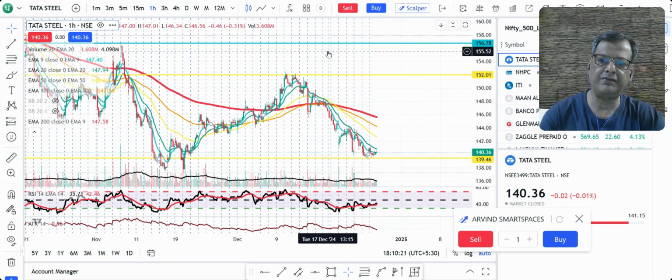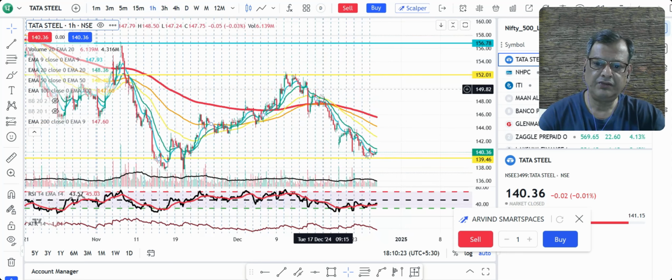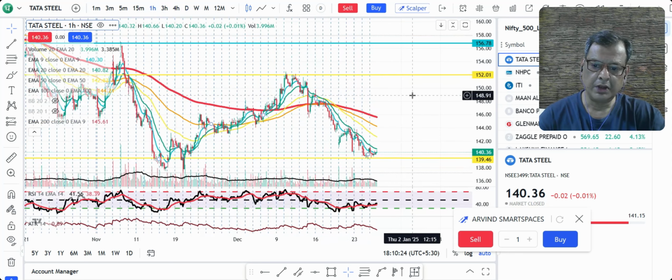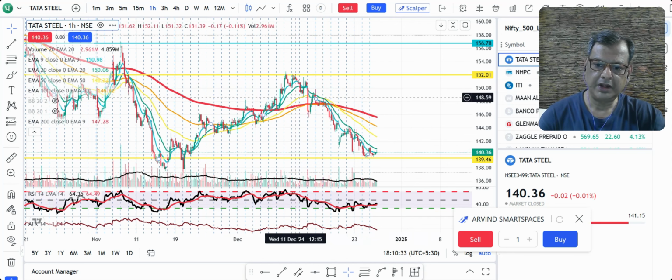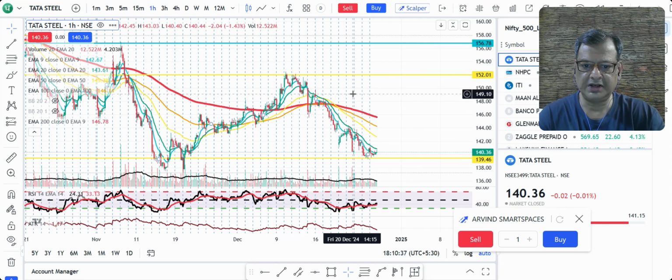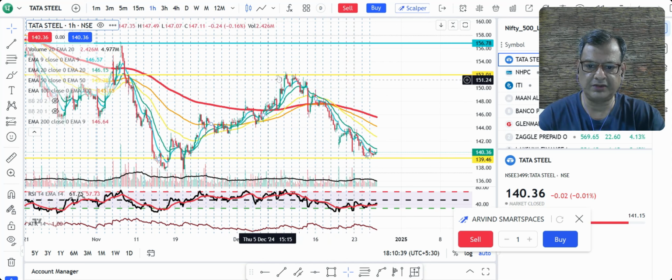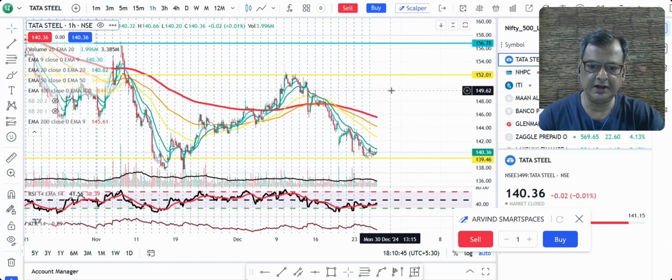The 1 hour time frame will have its own supports and resistances. So now I can choose to have a different color here and differentiate the hourly support and resistance from what we see on the screen.